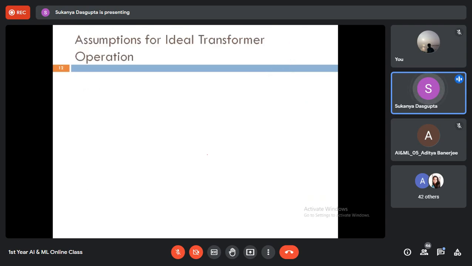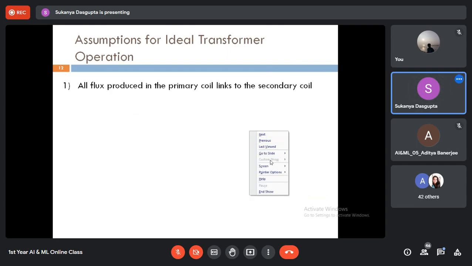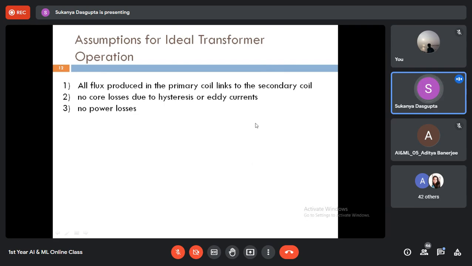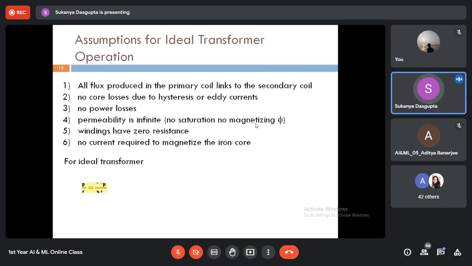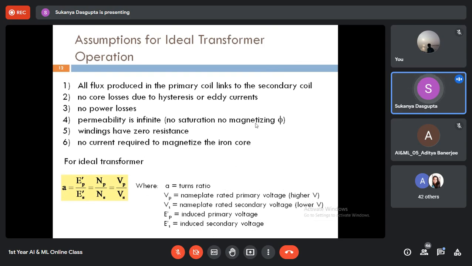So next, move on to the assumptions or the features of the ideal transformer operation. Let us see what are the important features. First, all the flux produced in the primary coil links to the secondary coil. That means there should not be any leakage flux as well.